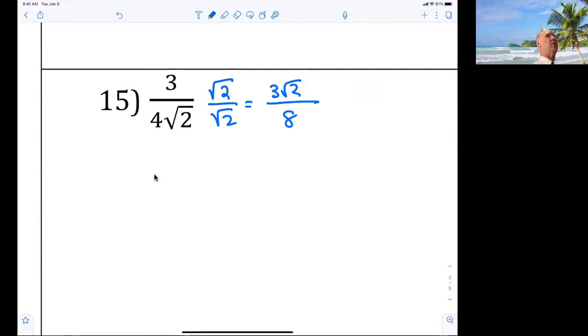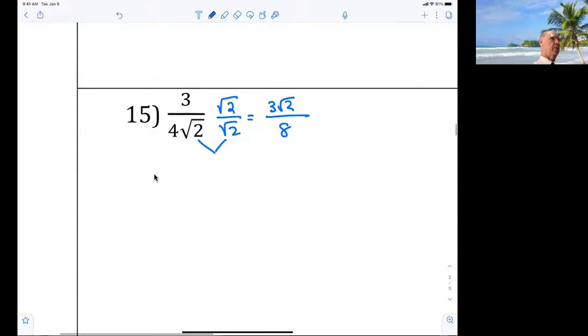Come on, think about it for a second before you just automatically say it. What's radical 2 times radical 2? What's the square root of 2 times square root of 2? 2. All right, there we go.